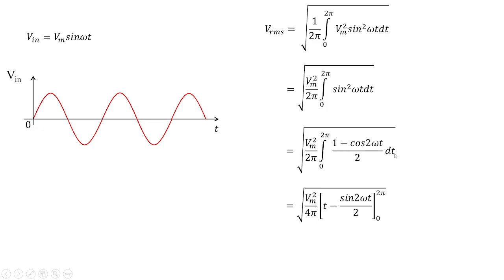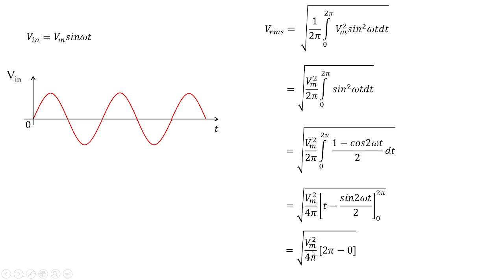That is understood, right? Integration of 1 dt would be t, minus the integration of cos 2 omega t, which would be sine 2 omega t by 2, and you apply the upper limit and lower limit inside the bracket. Vm square by 4 pi remains as it is, whereas t changes to 2 pi minus 0, minus the sine term, and whether it is pi, 2 pi, or any multiple of pi, the sine term goes to 0.